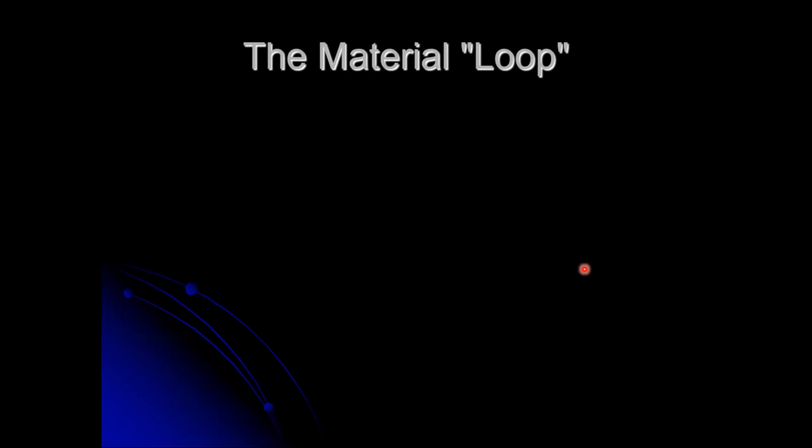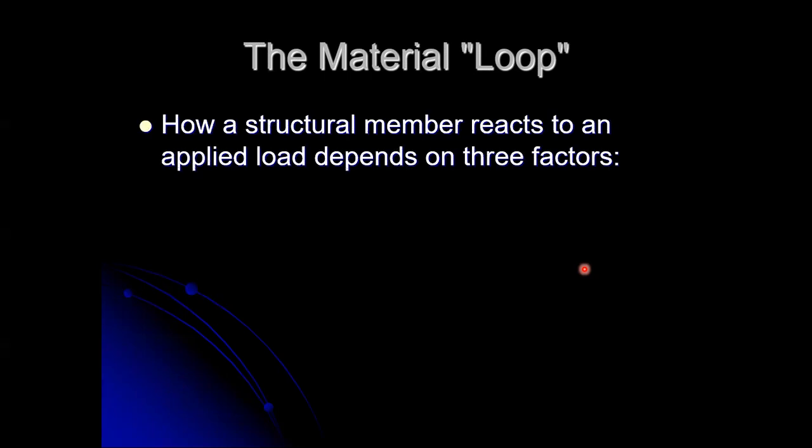But I call it the material loop, where we start out with the factors that affect how a structural member reacts to a load. If you think about what's going to happen when we build this bridge and put some loads on it, how are the members going to respond? And what's going to matter?